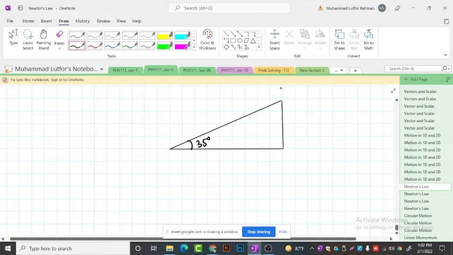There is a pulley here, definitely a massless and frictionless pulley. Through that pulley, two masses are connected by a string: this is M1 and this is M2.